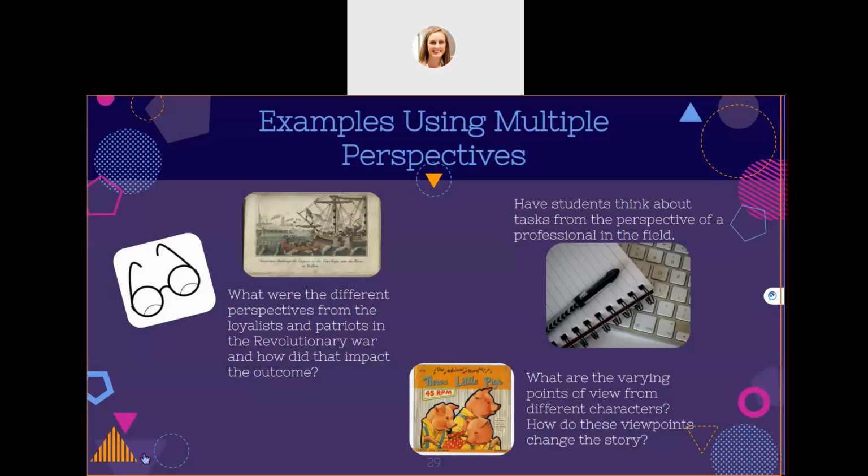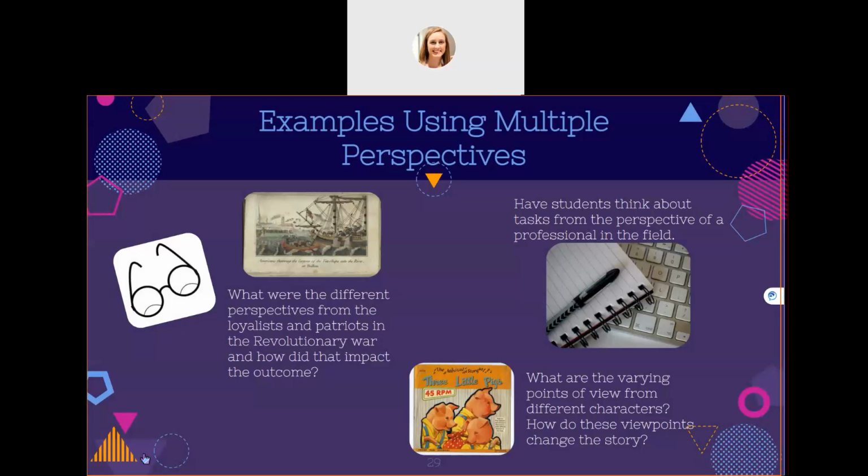You can even have students look at fairy tales or different characters and what the varying points of view from the different characters are. How do these viewpoints change the story? So maybe a book or text is being written from one viewpoint, but you have students think about how another character might be seeing the same event and how they might be reacting and responding to that.